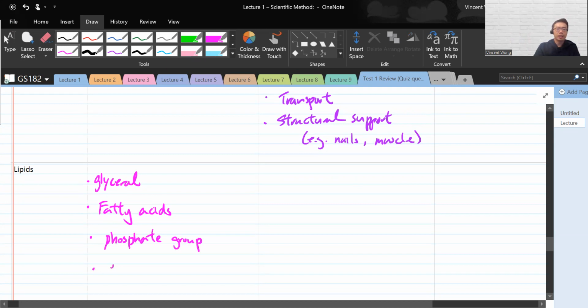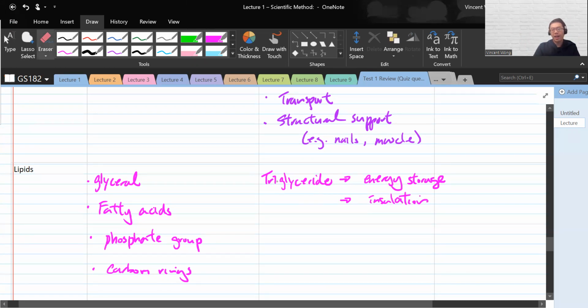You can have carbon rings for steroids. Triglyceride is for energy storage and insulation, it keeps us warm. That's fat, basically.